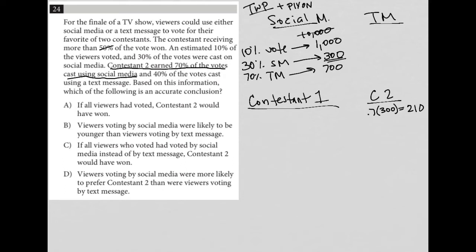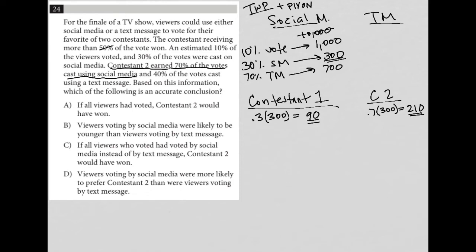And that would also tell me that contestant 1 received the other 30% of those votes, right? So 30% of the 300 is the remaining 90 votes, right? So out of the 300 people who voted using social media, 210 of them voted for contestant 2, and 90 of them voted for contestant 1.